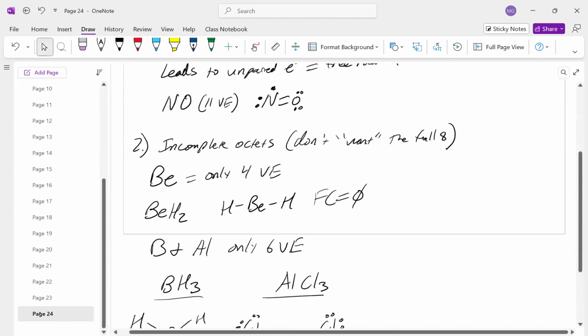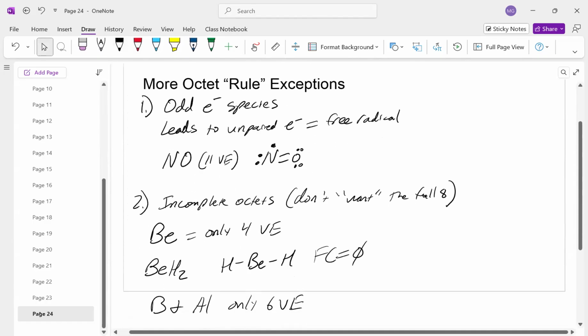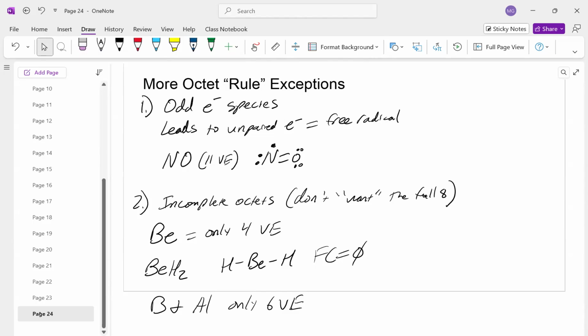So I highly recommend, again, please practice over and over again. If you don't master Lewis structures, it's going to haunt you as soon as our next set of lectures because you have to be able to draw a proper Lewis structure in order to determine the shape of the molecule. Now, why do we care about shapes? We care about the shape of the molecule because it dictates its properties and reactivity.